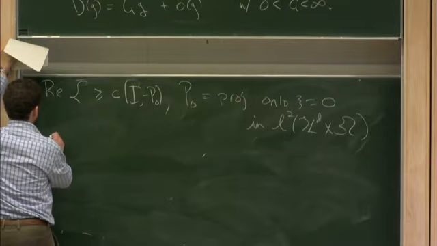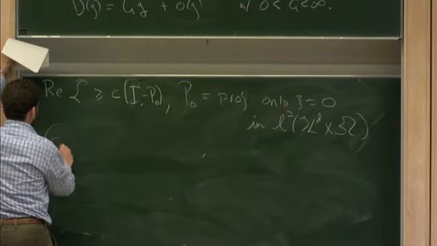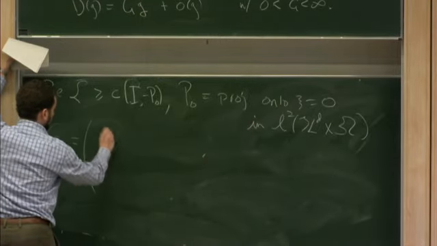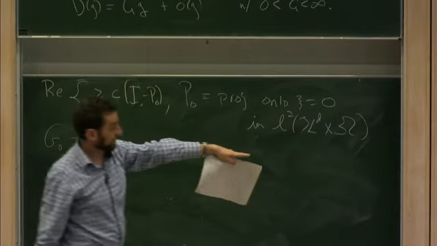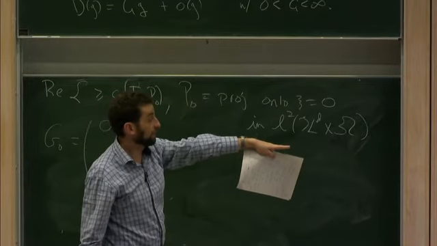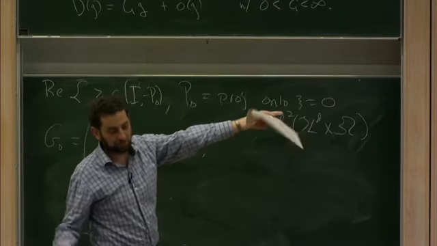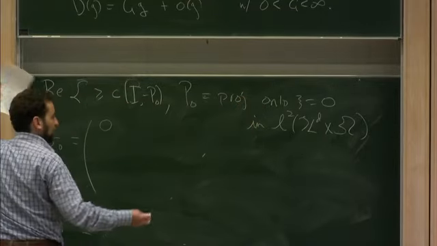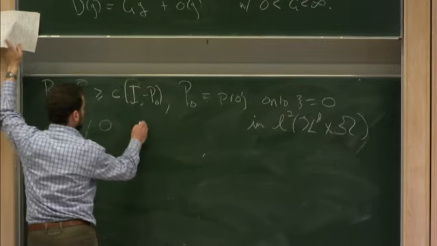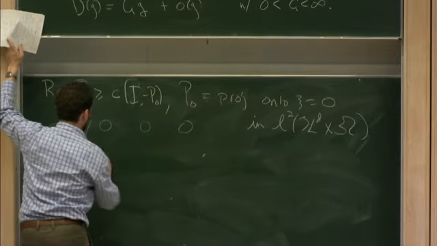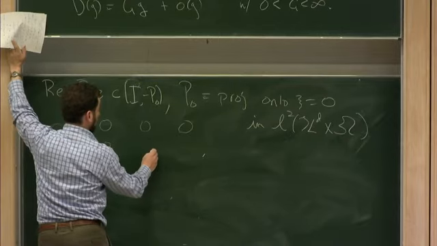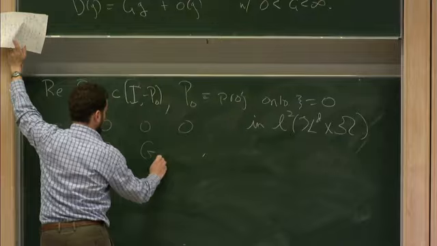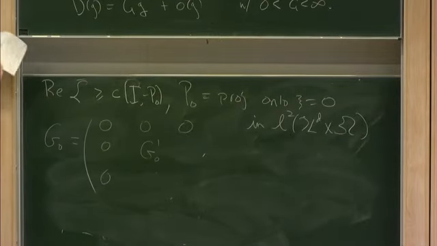So G0 has the following structure in a block matrix form. First of all, we already have an eigenvector, delta 0 tensor 1. But fortunately, the thing we're looking at, not fortunately, it's by construction, is orthogonal to that eigenvector. Okay, and here, I'm just going to put that here.